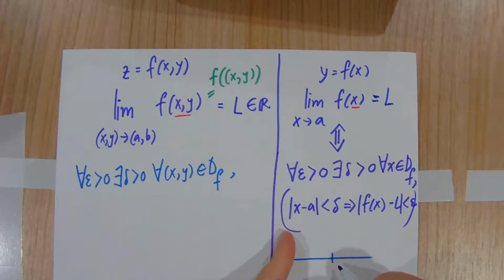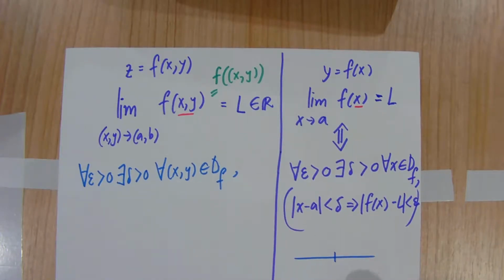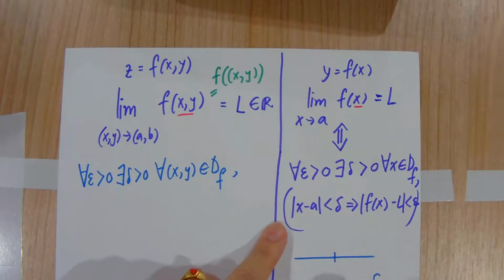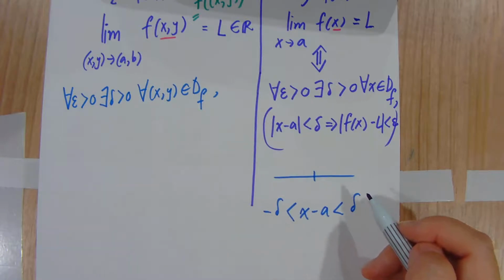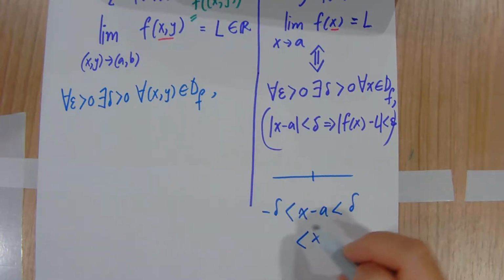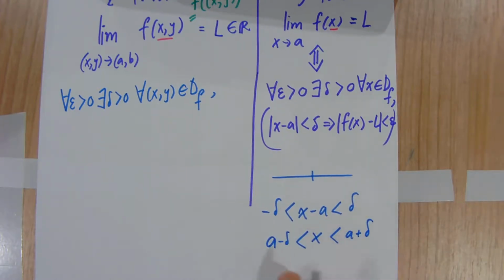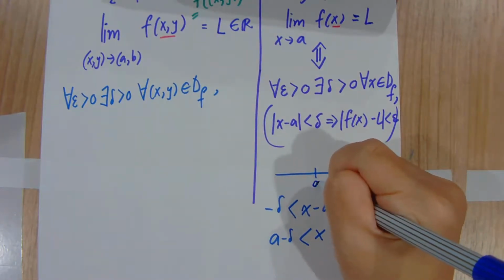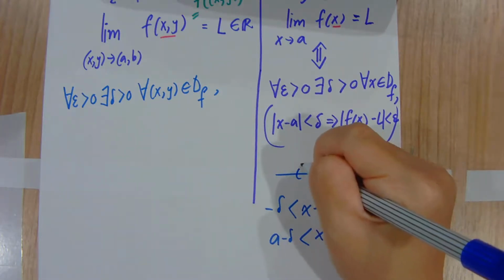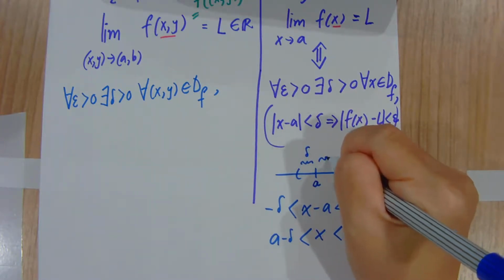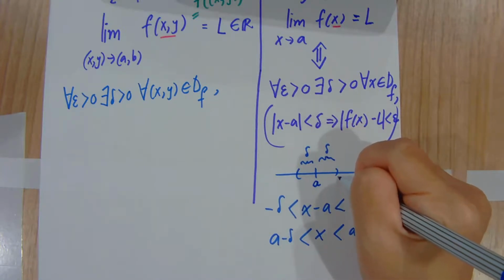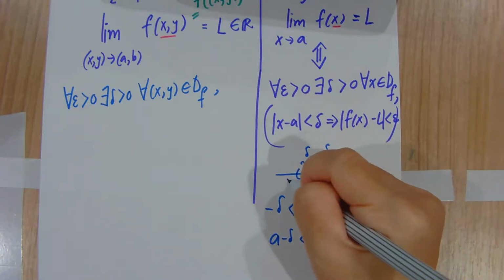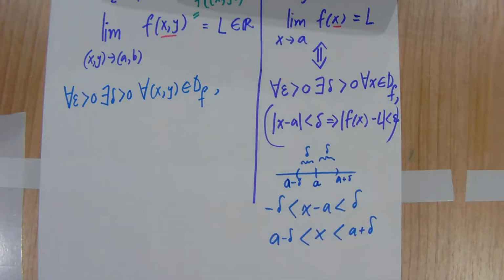Absolute value of x minus a less than delta, that means that x minus a is between negative delta and delta. So that means the value of x is between a minus delta and a plus delta. So if this is the term a, then delta is not more than this. So this is the point a plus delta, and this is a minus delta. Okay, so this is the value of the term x.